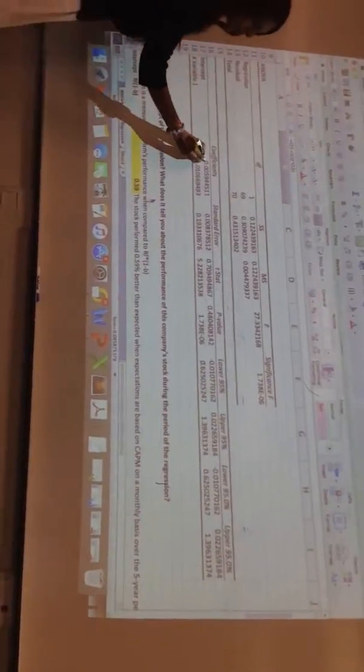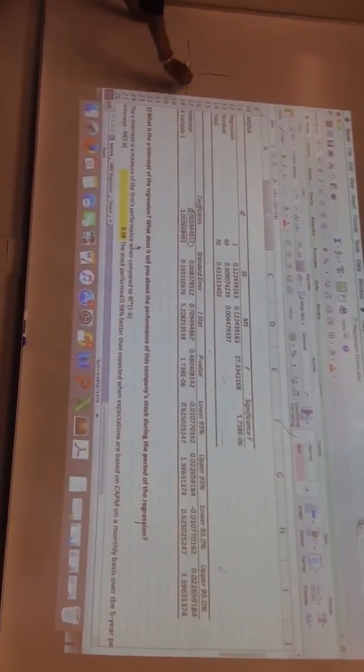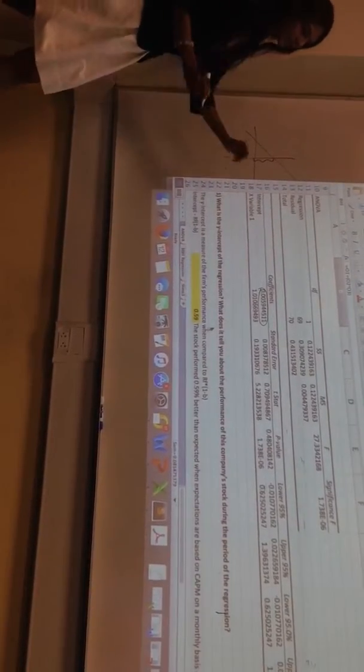Now, the first question is, what is the y-intercept of the regression, and what does it tell us about the performance of the company stock over the period of regression? So the y-intercept is this, correct? So when we got the chart, this is our regression line. So this is basically our y-intercept, right? So this is what we have here, 0.0059.